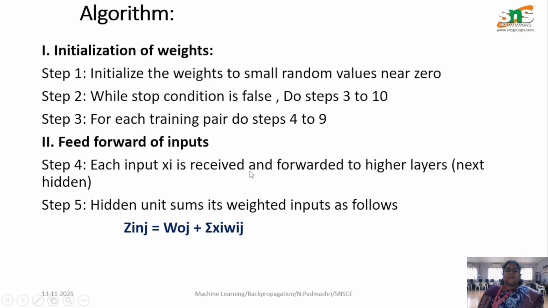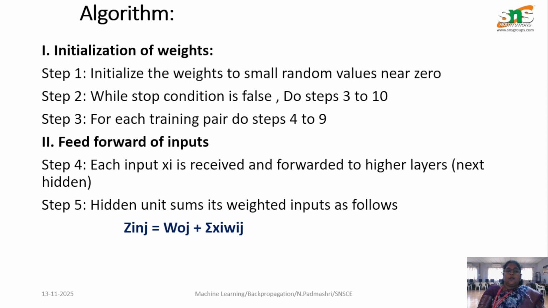This input is received and forwarded to the next layer, the hidden layer. So how do we write the equation for that? Zinj, which is the next layer's input, is equal to Woj plus the summation of xi into Wij. Each node is associated with its own weight, so the summation of xi into Wij is input into weight, plus Woj, which is the bias.